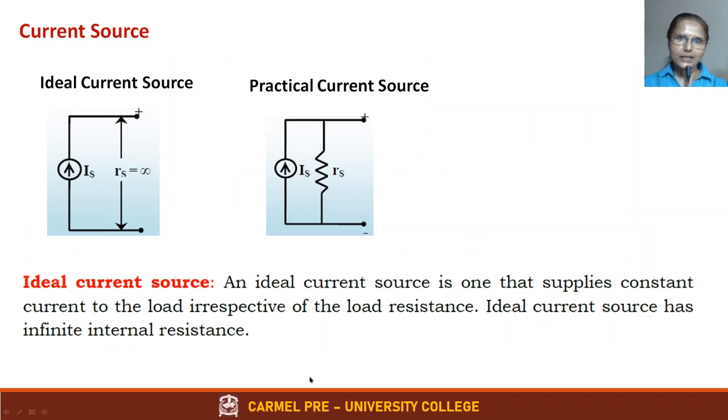Let us see how the current source is denoted. Current source you have to show with a circle and an arrow mark. This is the ideal current source, and the ideal current source's job is to supply current to the load. Okay, energy is supplied in the form of current. Now ideally speaking, there is no internal resistance. It is open circuit, means it provides infinite resistance.